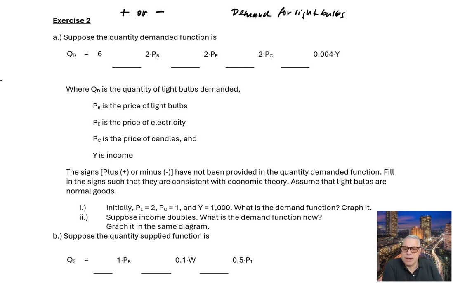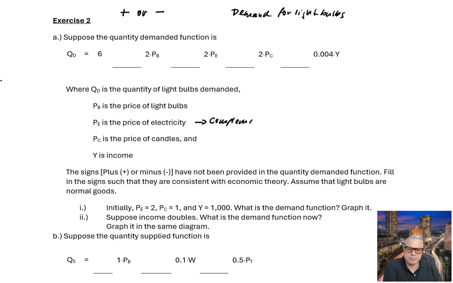And you see we have different parameters like the price for the light bulb. So B is the price for light bulbs. But then we have also the price of electricity. So what is electricity to a light bulb? Well, that would be a complement. So electricity, that is a complement, a related good.